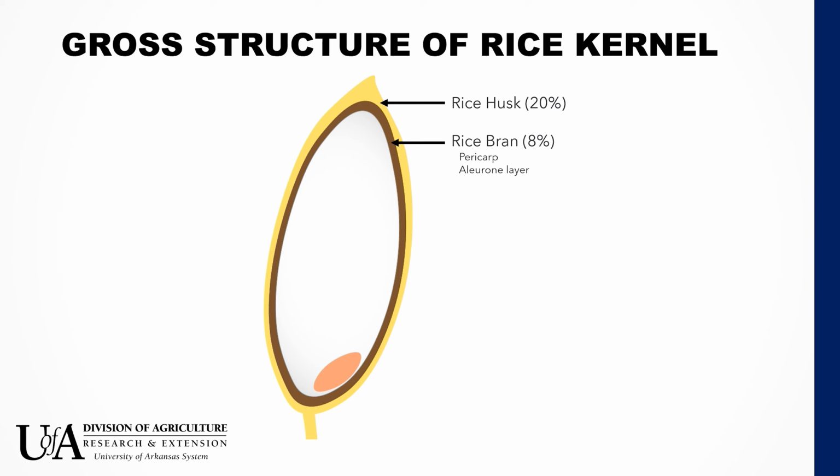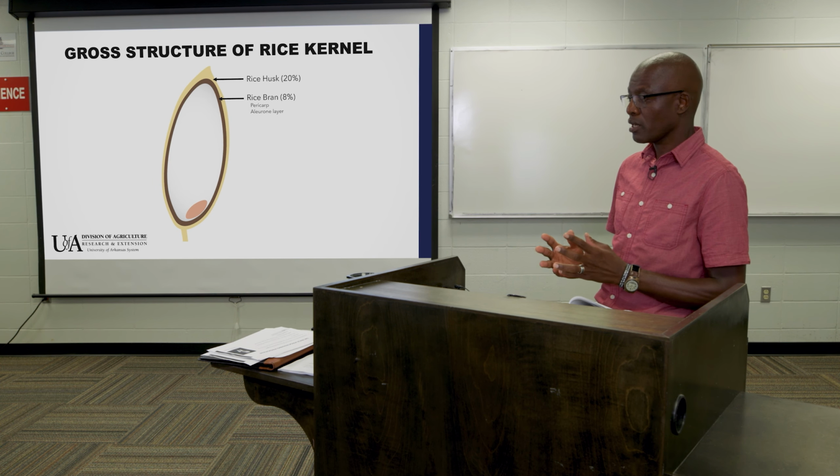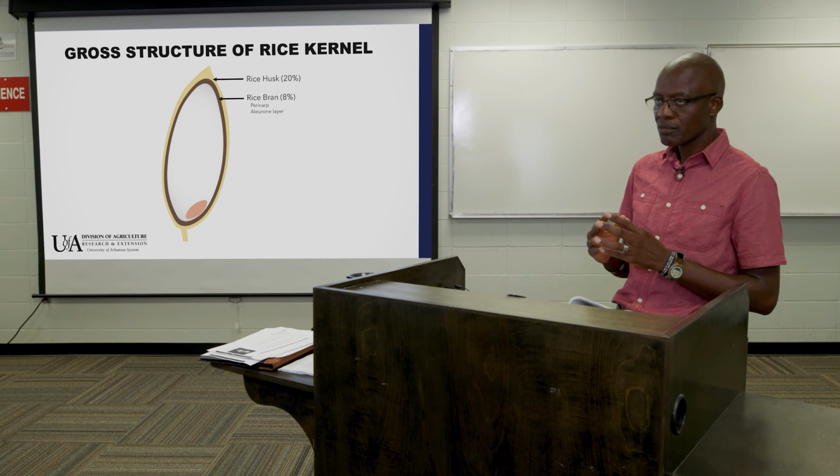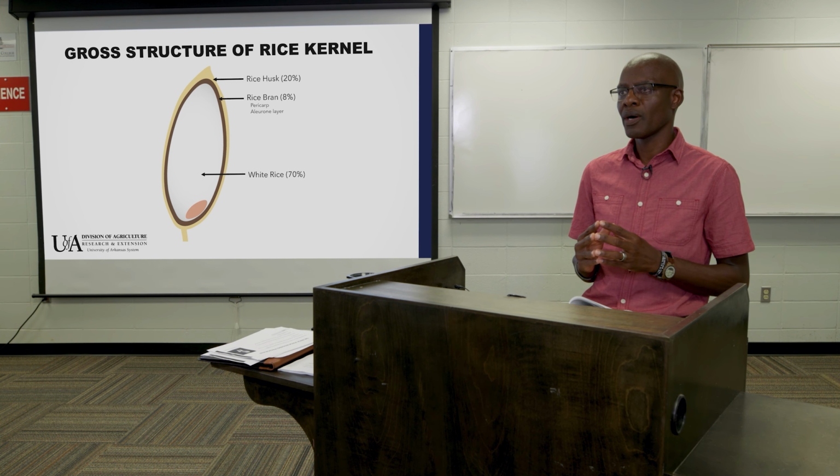We then have the rice bran, which is the layer just beneath the rice husk, and that comprises about 8% of the gross weight of the rice kernel. And the rice bran comprises of the pericarp and the aleurone layer. Then we have the whitey part of that rice kernel, which is the endosperm, in other words.